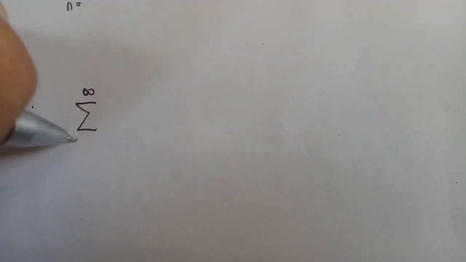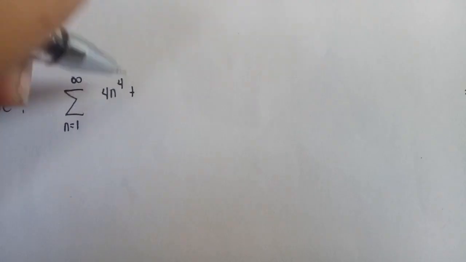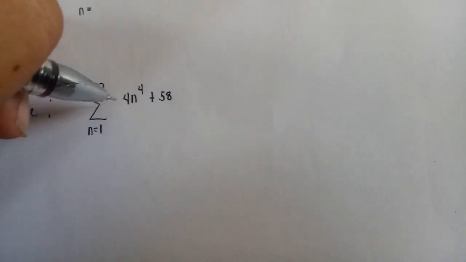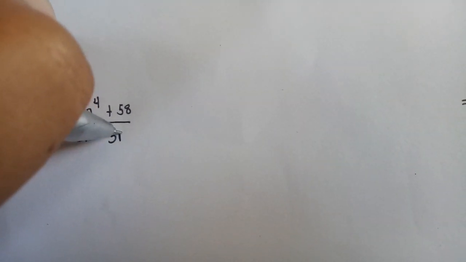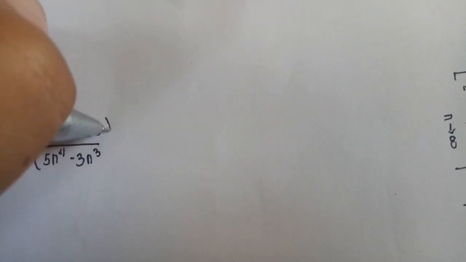Example: let's say we have 4n to the power of 4 plus 58, divided by 5n to the power of 4 minus 3n cubed, and all of these are raised to the nth power.